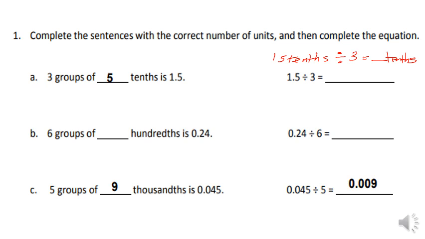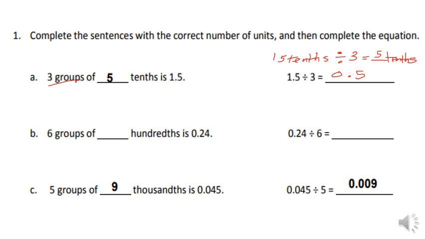And looking at this, I know 15 divided by 3 is going to be 5/10, so we can write it in decimal form. Over here, using our math facts, if we work backwards, we know 5 times 3 is 15, so 5/10 times 3 would be 15/10. So 3 groups of 5/10 equals 1 5/10, or also 15/10.